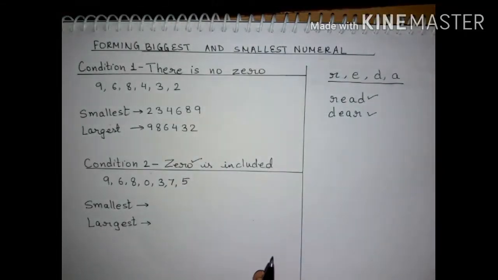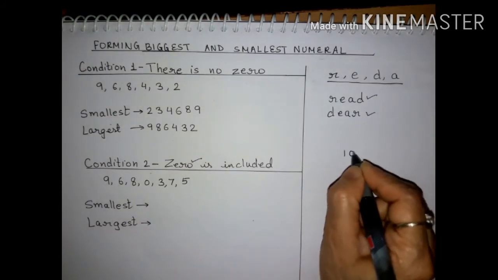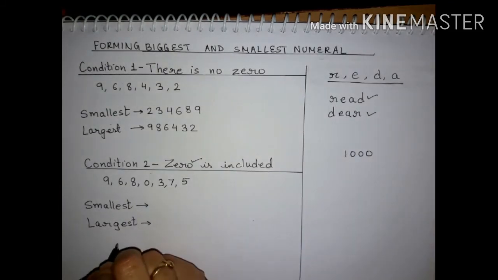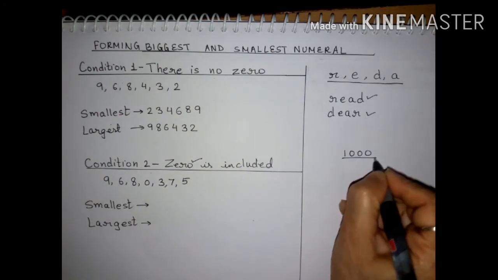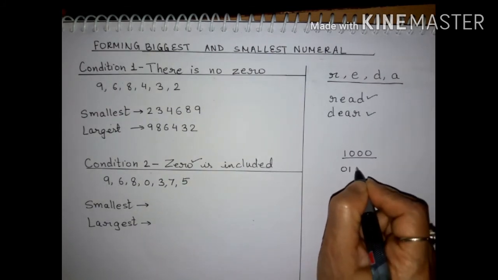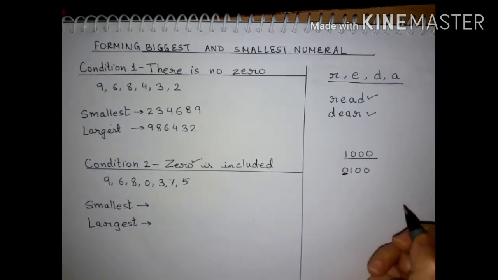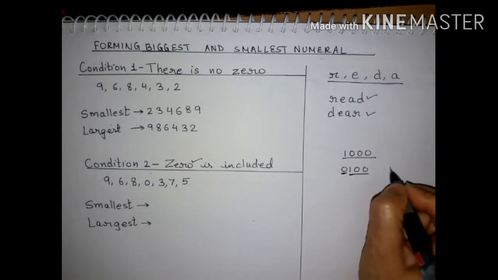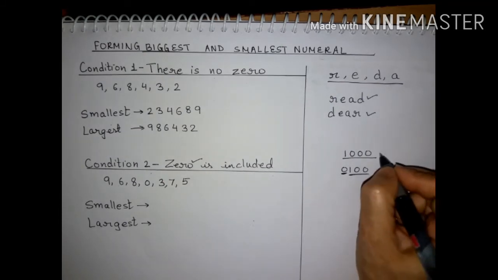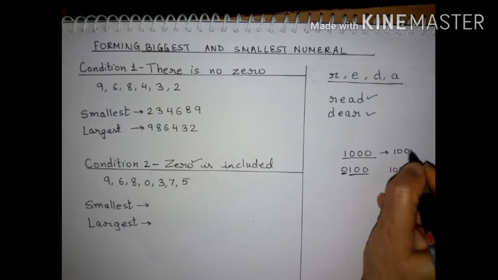In such a case, a number cannot start with 0. Now why can it not start with 0? For example, you have 1000, right? But if I rearrange these and write 0, 1, 0, 0. Now this 0 here makes no sense. So this numeral will be just 100, whereas this numeral is 1000.